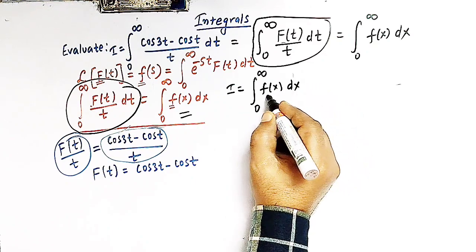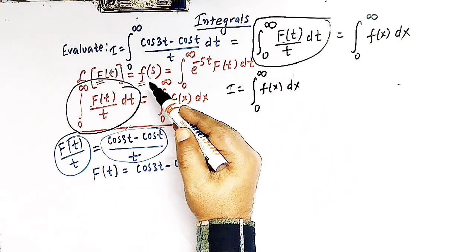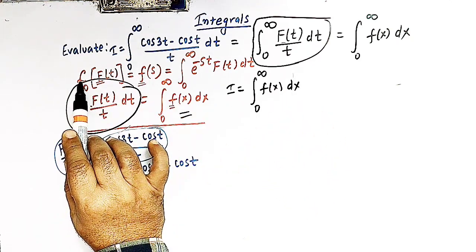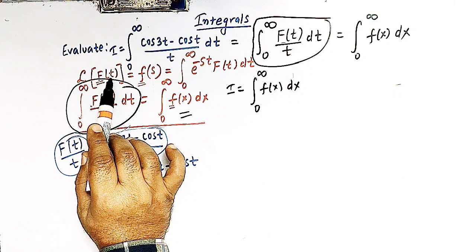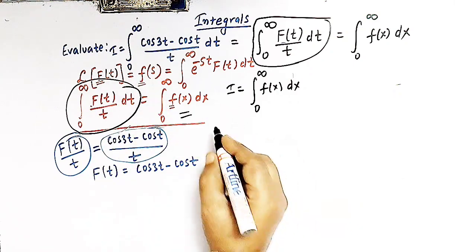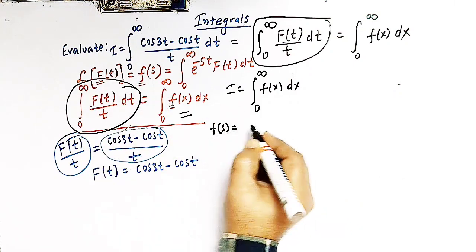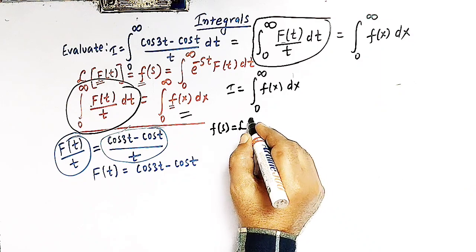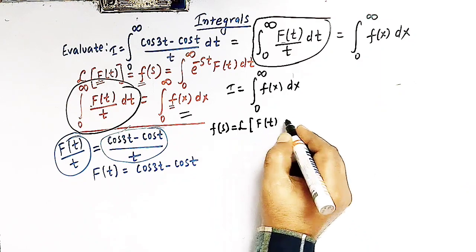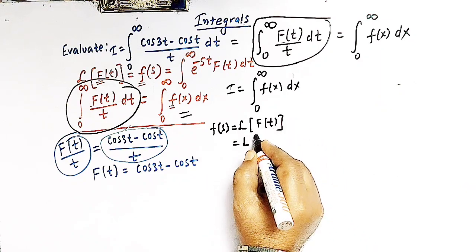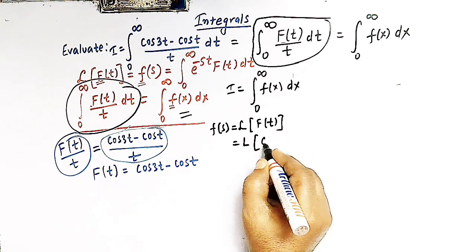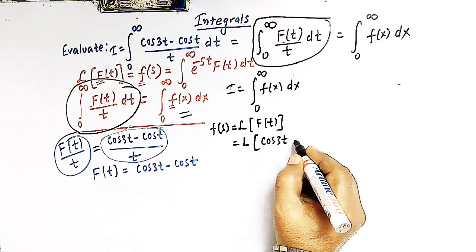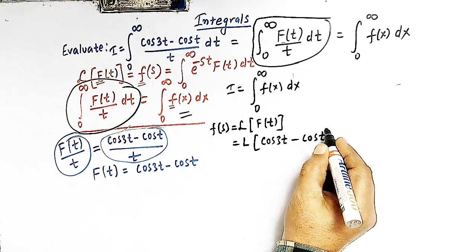And now f of x can be obtained by taking the Laplace transform of F of t, because F of s is equal to the Laplace transform of F of t, and the function F of t is equal to cos 3t minus cos t.